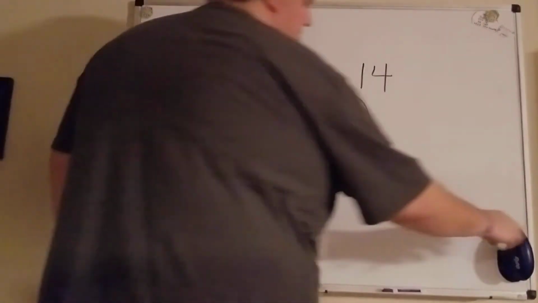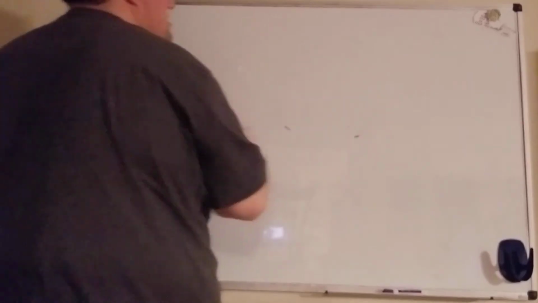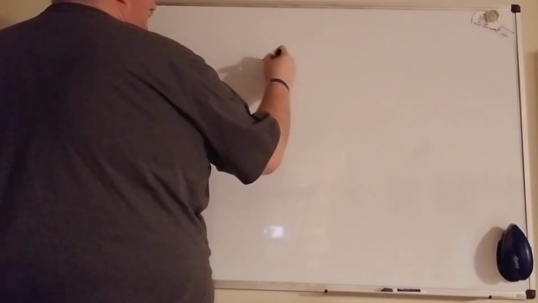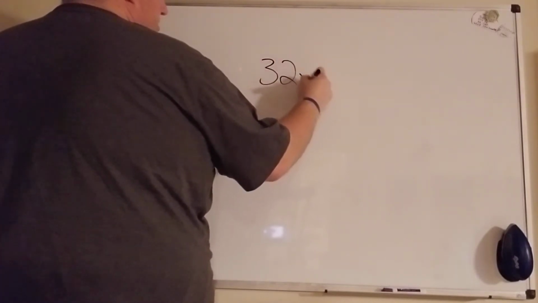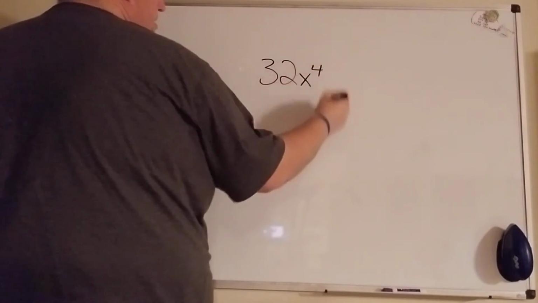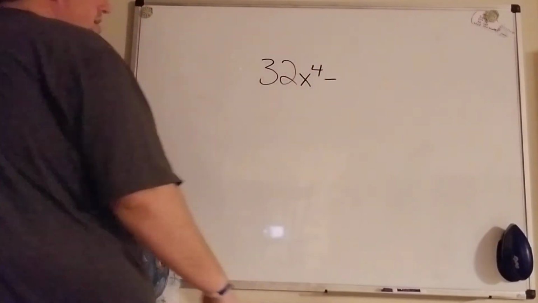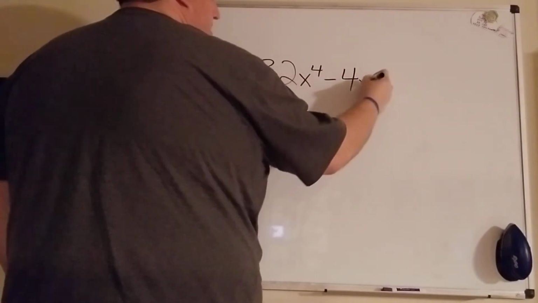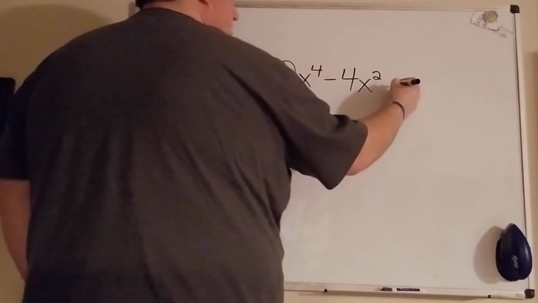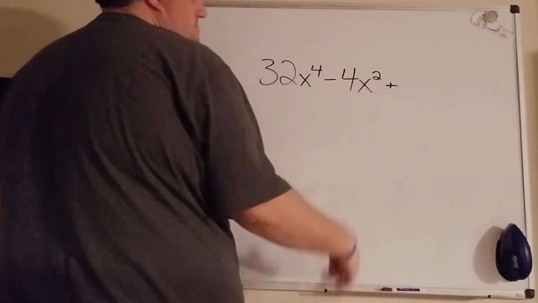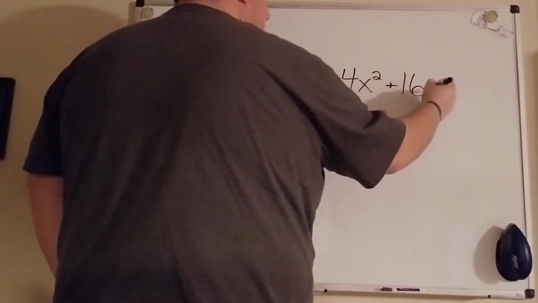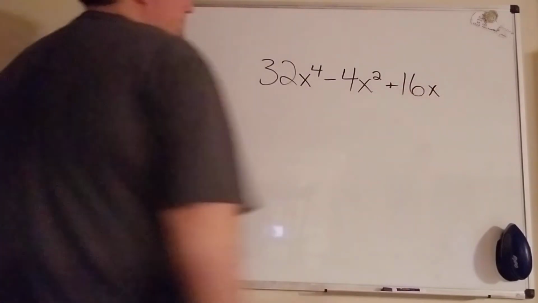Let's do that with something a little bit more interesting. So let's say we had something like 32x to the 4th minus 4x squared plus 16x.